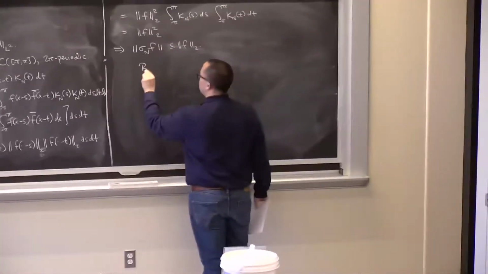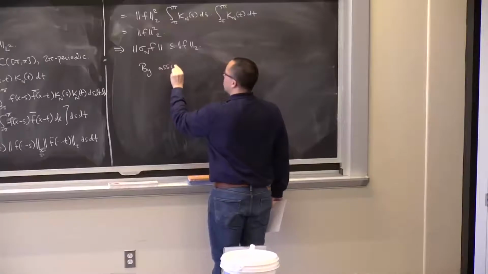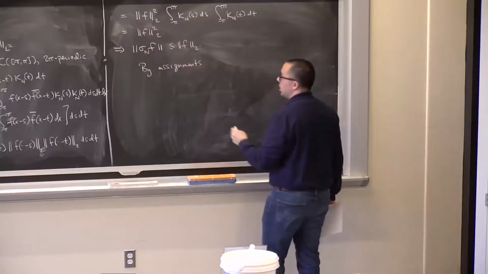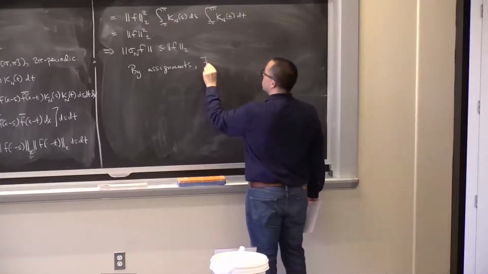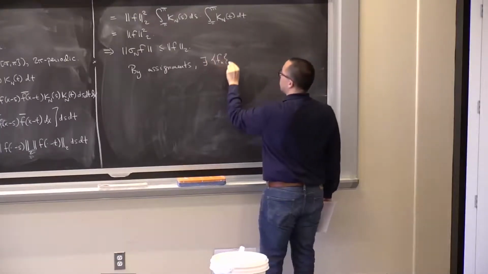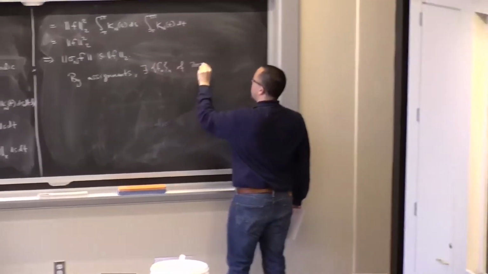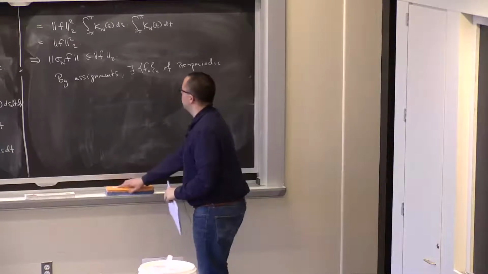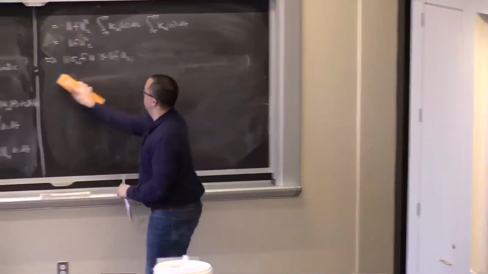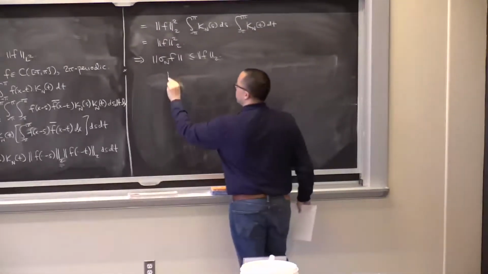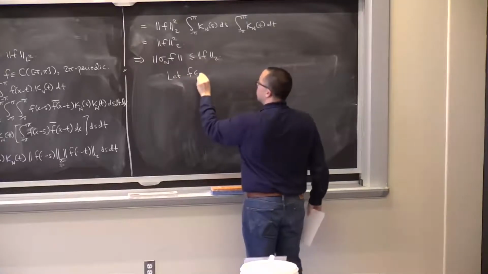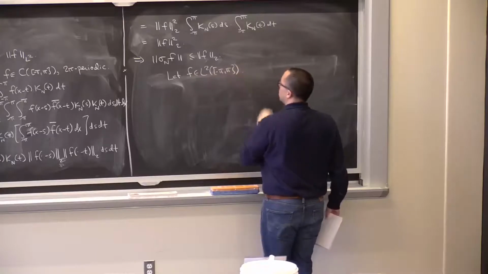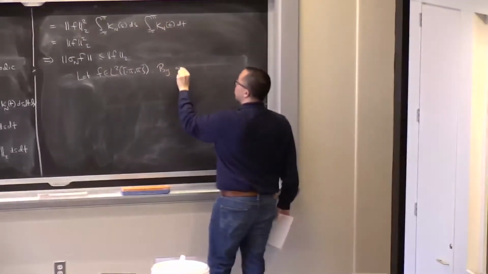So by what you've done in the assignments, there exists a sequence of 2 pi. So let me start over real quick. Now let's take a general element f in L2. Okay, now we start by assignments.